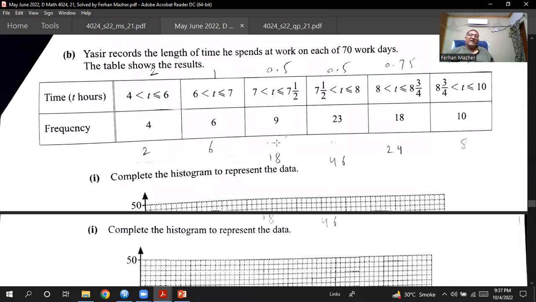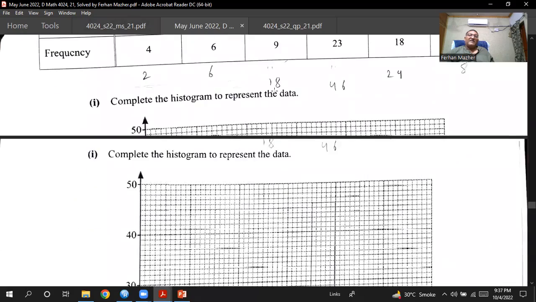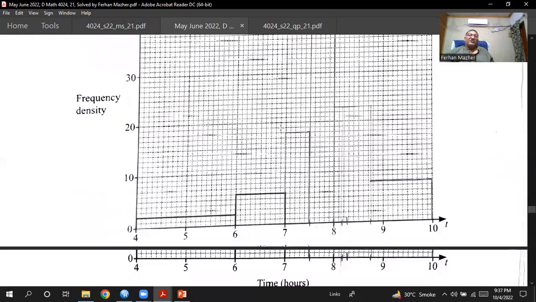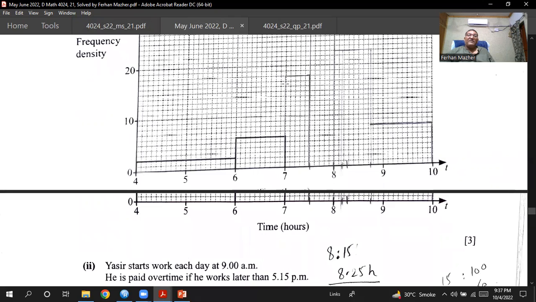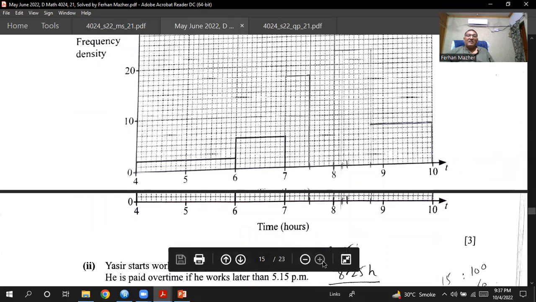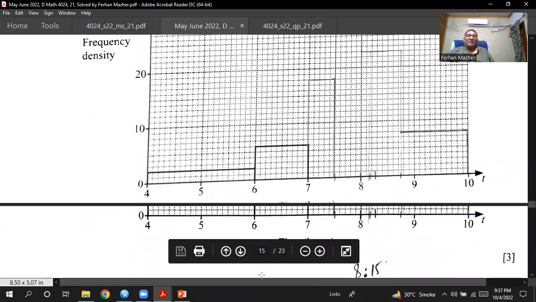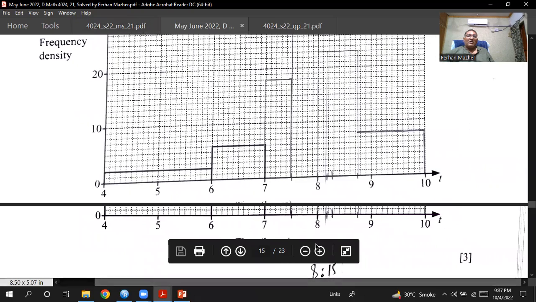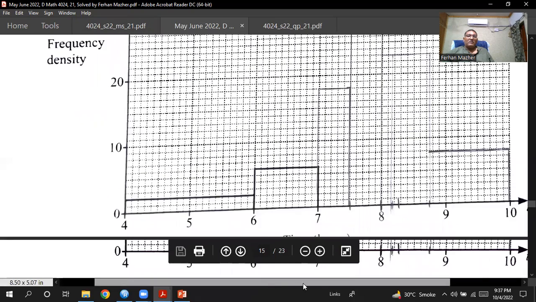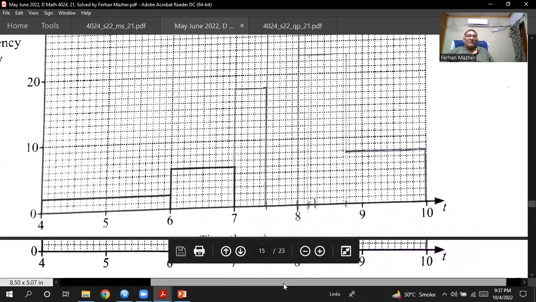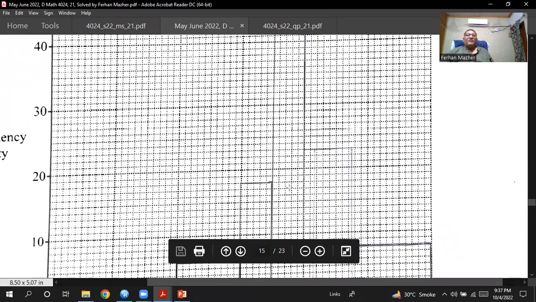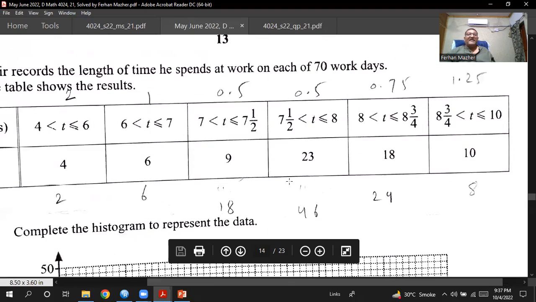From 7 to 7.5, the frequency density is how much? 18. So from 7 to 7.5, I will make this one. It will go up to 18.